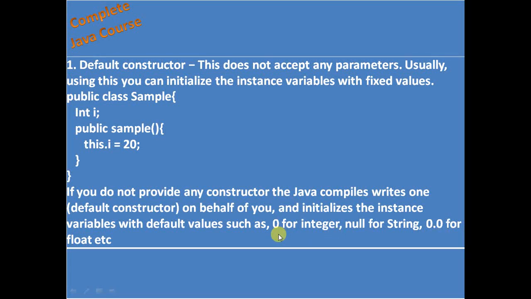So if you do not define any constructor in your Java class file, after compilation the compiler adds a default constructor, and it initializes the fields with default values. Like if you define a variable of type int, it will be initialized with the default value, which is 0.